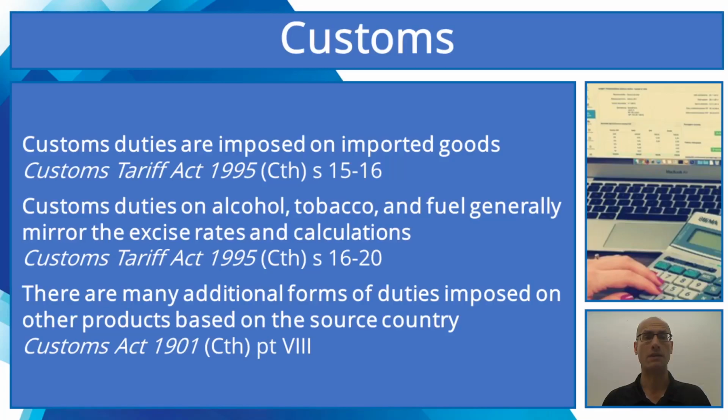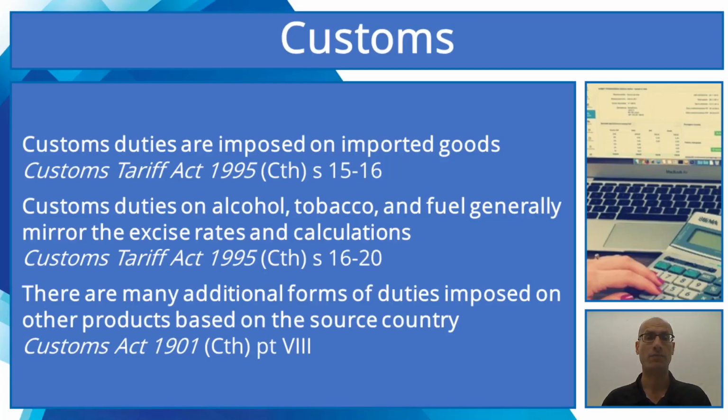And so this idea of placing duties on particular types of imported products, and duties that are imposed on products from particular countries, they very much flow from the underlying political economy that underpins these particular transactions.